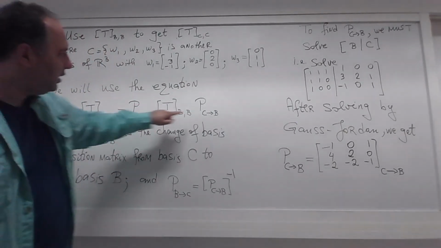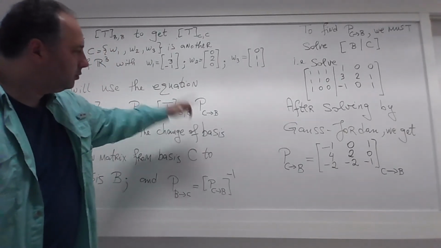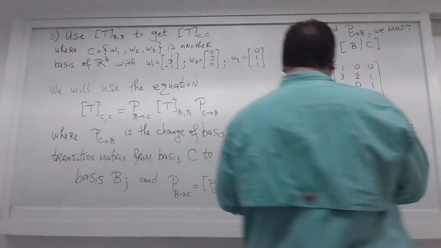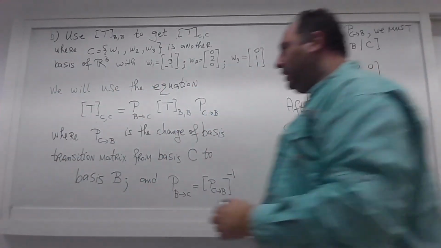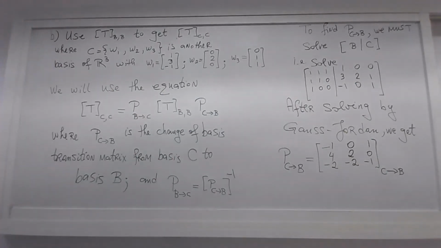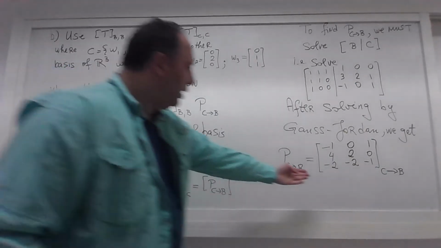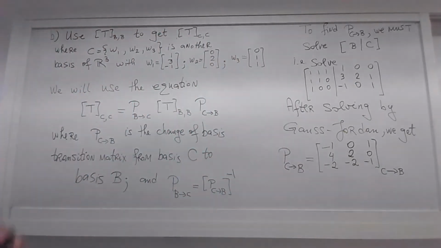But this one is the inverse of the first. Another way of doing it is to swap these two and solve again. It's up to you what you do, it doesn't matter. You can find the inverse of this or go back and solve C slash B, so a different one.